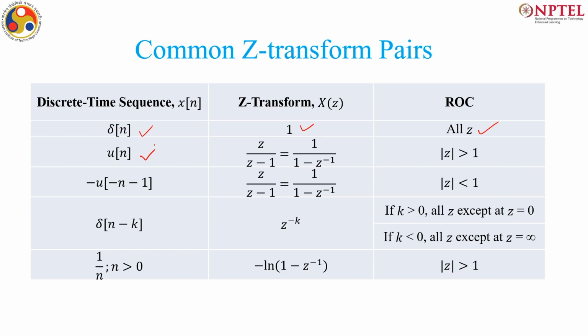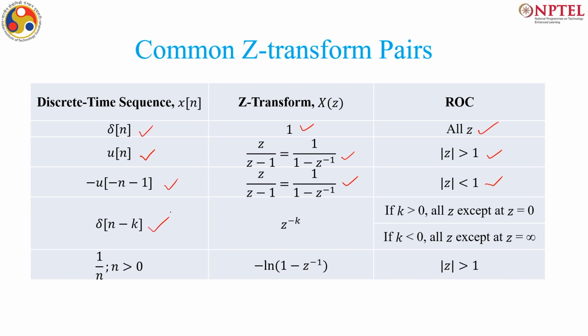This is a very well known case which we saw. So, it is Z by Z minus 1 or 1 by 1 minus Z inverse. The ROC is mod Z greater than 1. And another signal, minus u of minus n minus 1, has the same Z transform, at least the X of Z, but the ROC will be different.